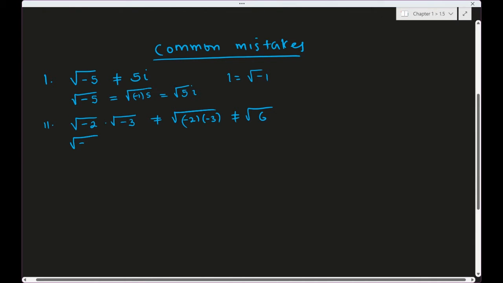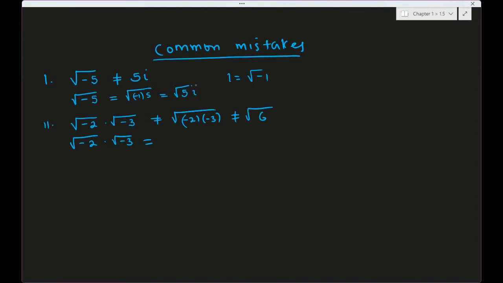If you have two imaginary numbers like this, you can write this as what? Just apply this first part here. This will become root 2 i, multiplied by root 3 i.